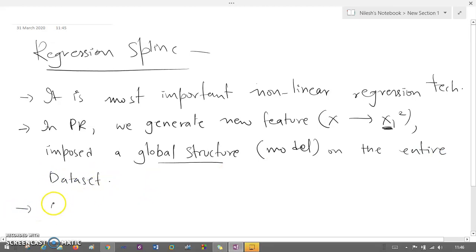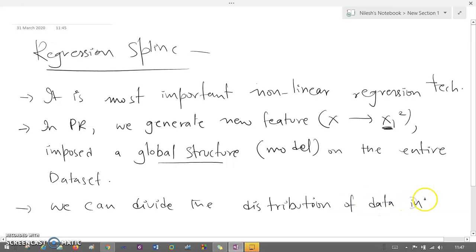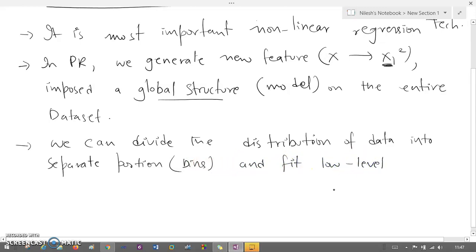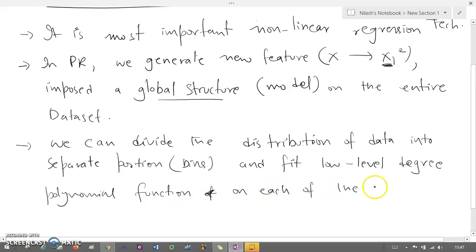And now what we are doing is, we can divide the distribution of data into separate portions called bins, and fit a low degree polynomial function on each of the bins.